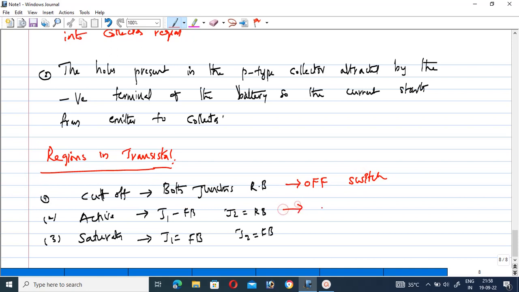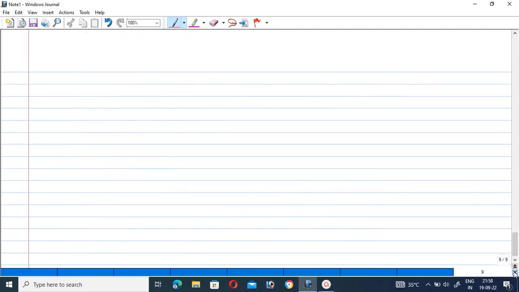In case of the active region, it acts as an amplifier. In case of the saturation, it acts as an on switch. So this is a very quick revision of how we are going to analyze the transistor.